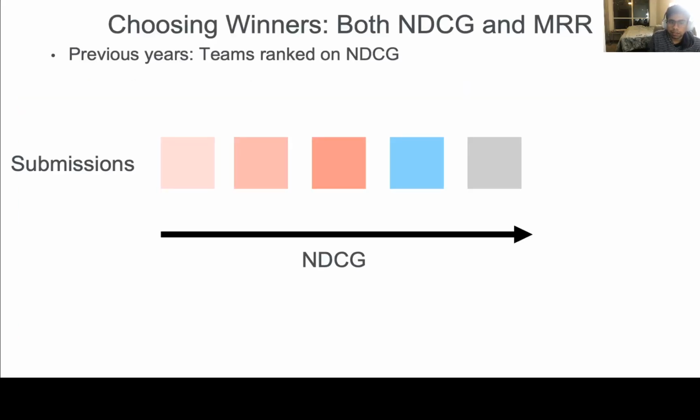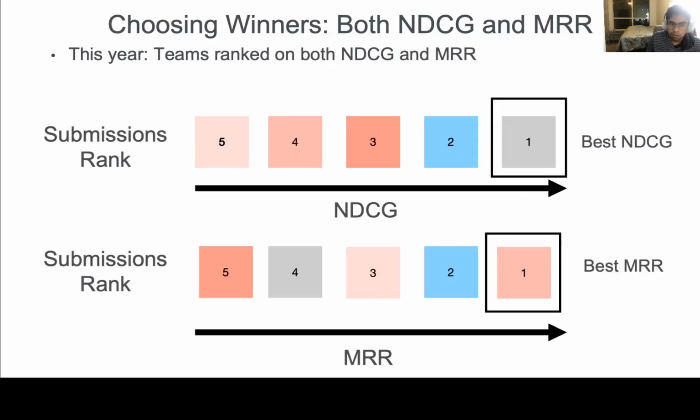In previous iterations of this challenge, we selected the winners by ranking all submissions by their performance on the NDCG metric and selected the team with the highest NDCG score as the winner. This year, we first rank all the submissions by their NDCG score and their MRR score, respectively, and this gives us two separate rankings, one for NDCG and one for MRR.